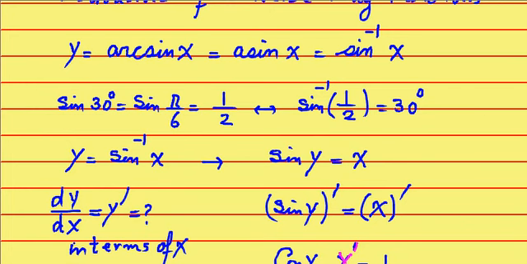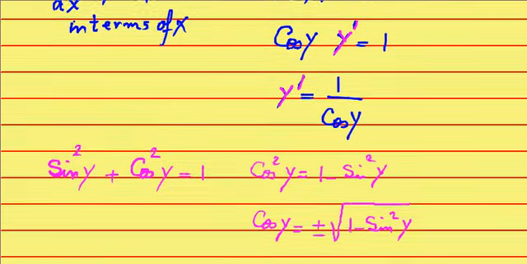Remember, from the definition of inverse sine function, inverse sine gives you an angle that is either in the first or fourth quadrant. That's by convention. Inverse sine always gives you an angle in the first or fourth quadrant. So let me write it here.